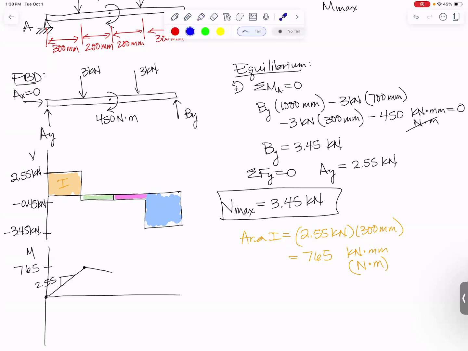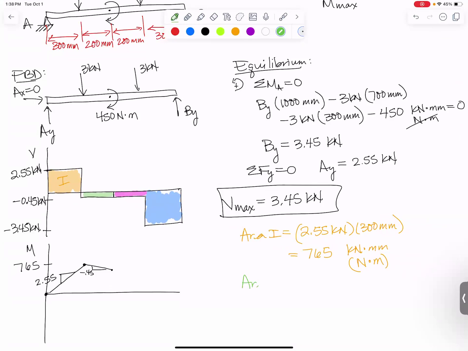So we're coming down along the green curve with my slope of minus 0.45 as my slope. And how far down would I have come? I need that green area. We'll call that area 2. And that's got a magnitude of minus 0.45 kilonewtons. It gets multiplied by 200 millimeters.